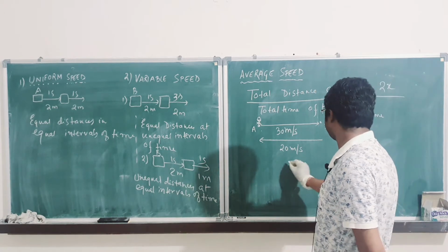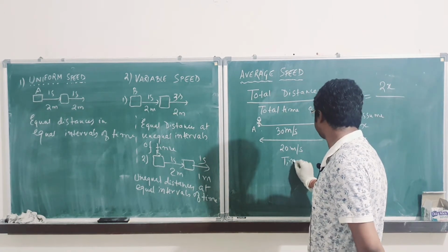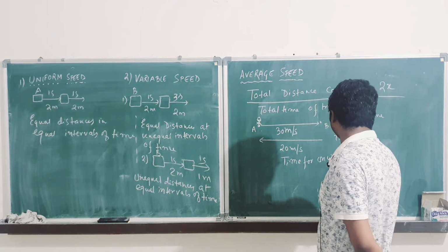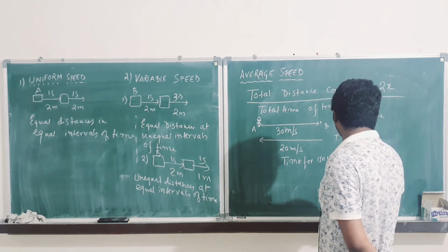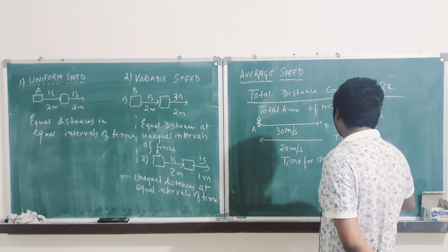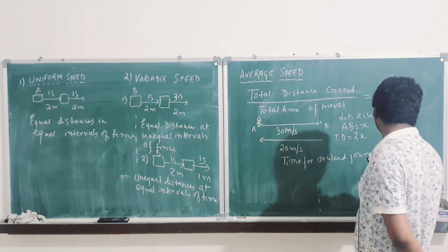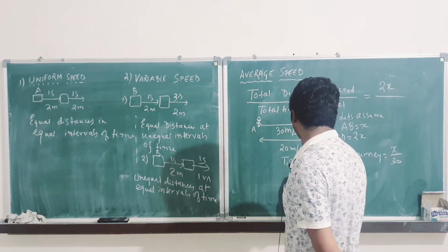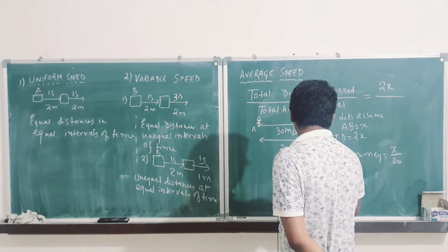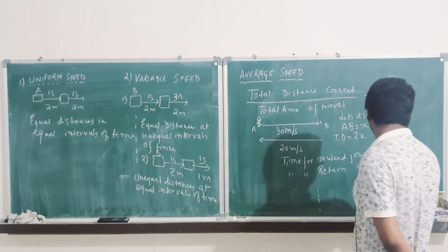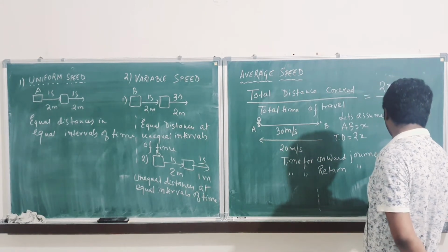So first, time for the onward journey. Onward journey means A to B will be x by 30. Then time for the return journey will be x by 20.